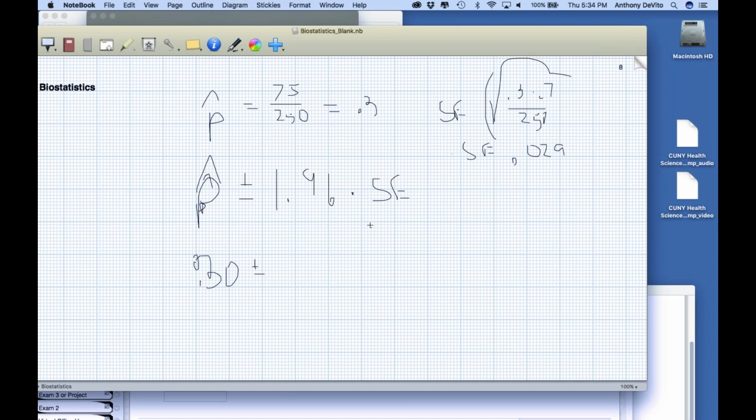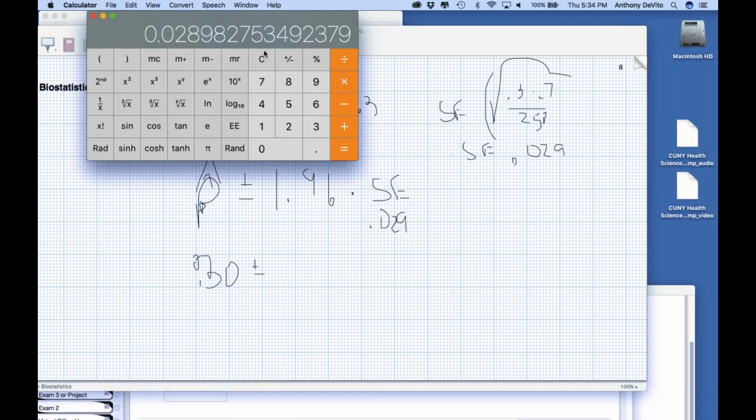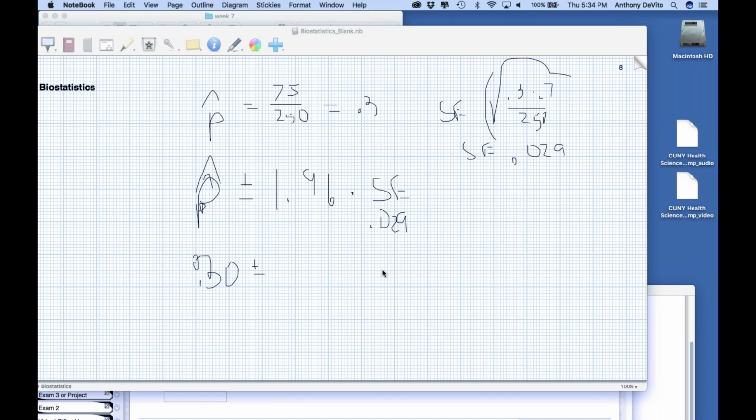My standard error is 0.029. So I've got to go back to my calculator. Okay, I'm going to round this one. 0.029 times 1.96 is equal to 0.057. I'm going to call it 0.057.